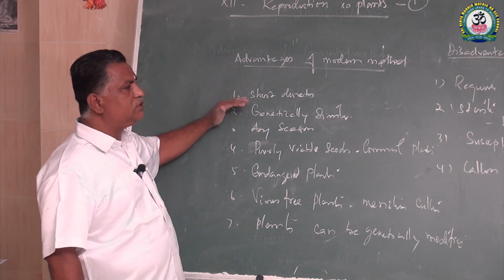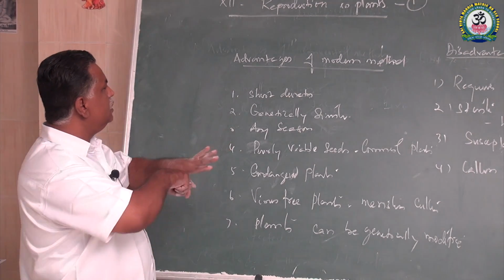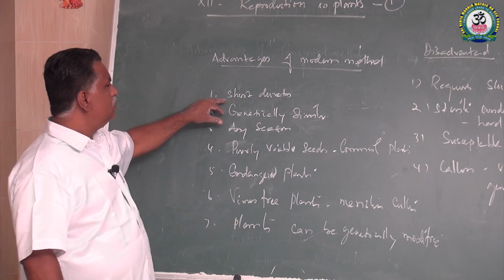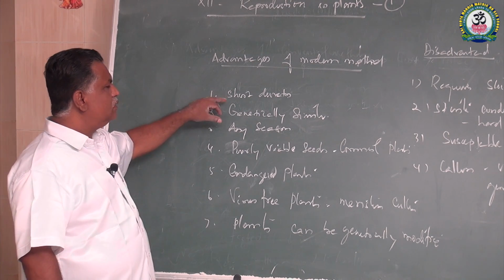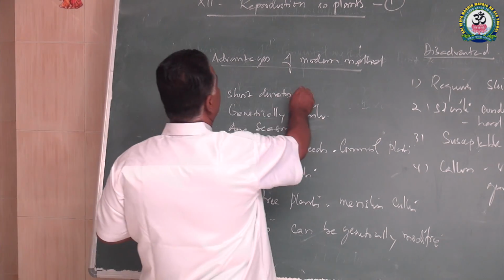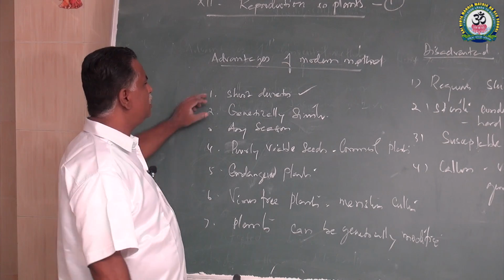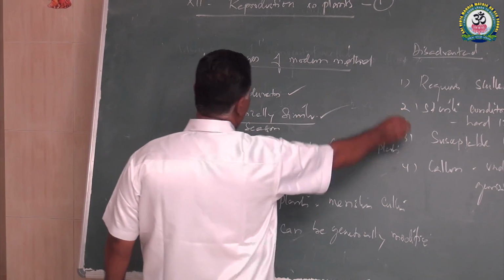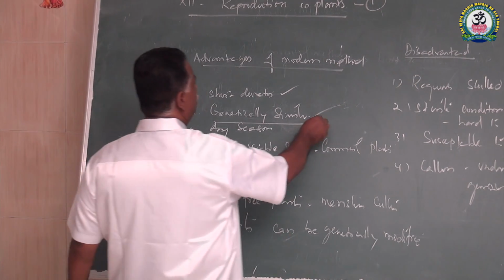As the last segment of this session, we will see the advantages and disadvantages of the modern method. Advantages: in a short duration we can produce the plant through tissue culture techniques, and all the plants are genetically similar and are also called clones.